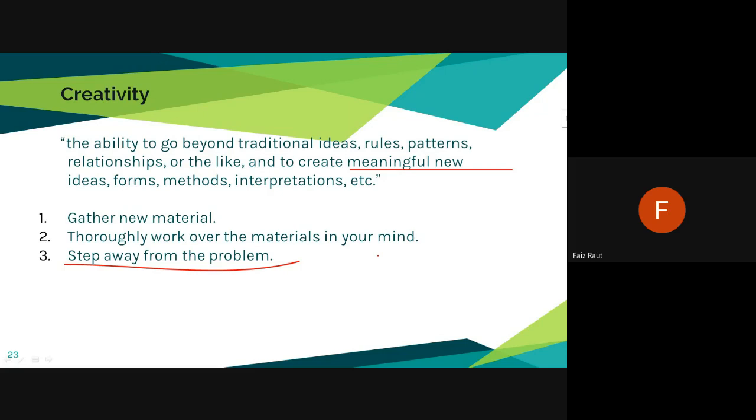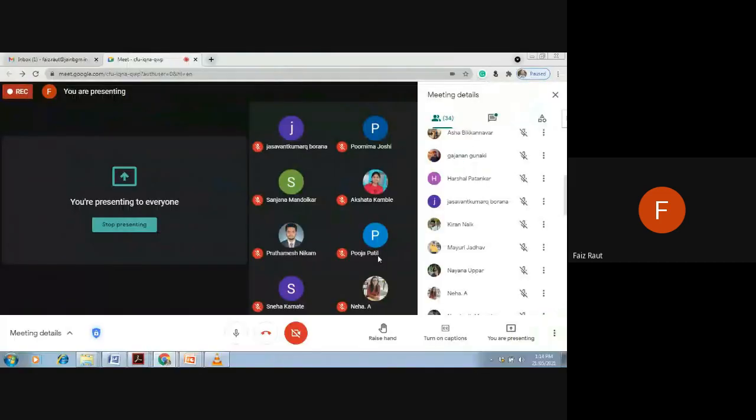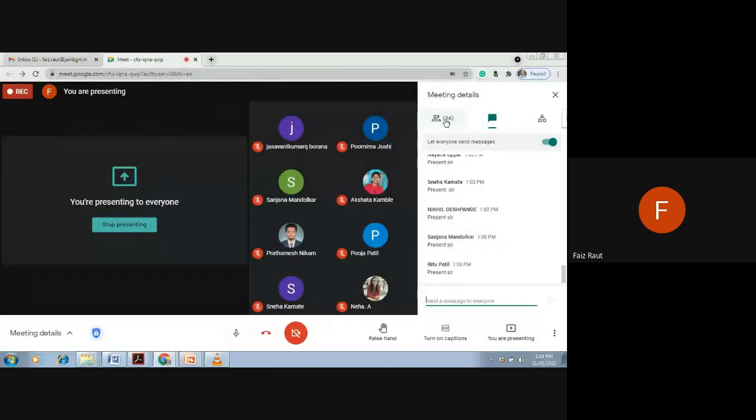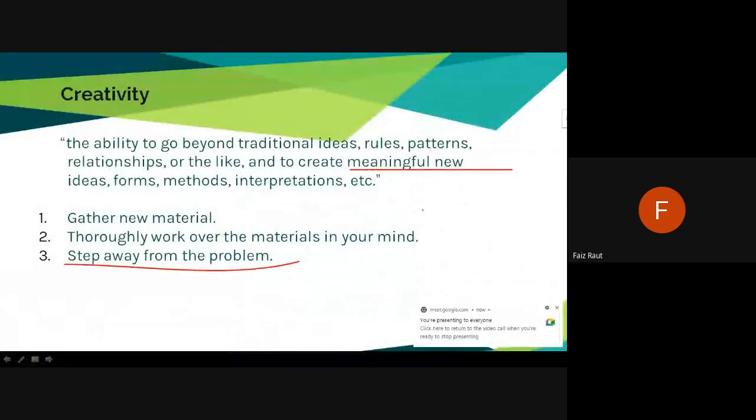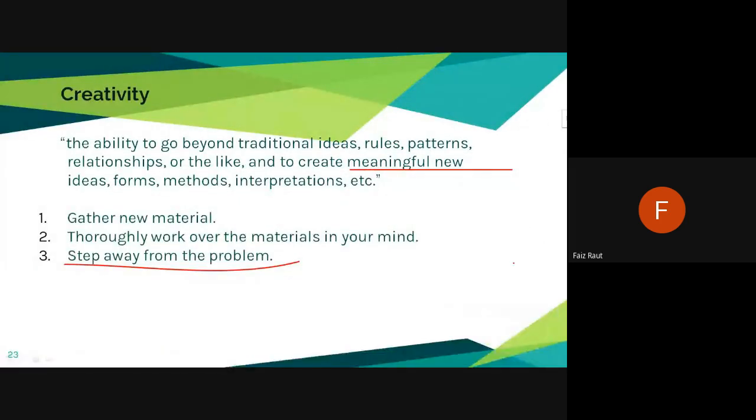Even for studies, you must have heard, if you are studying continuously for 2 or 3 hours and you are not able to grasp that thing, then it is told, okay, you need to put down everything, go out, have fresh air, have a walk, don't see TV, don't touch your mobile.